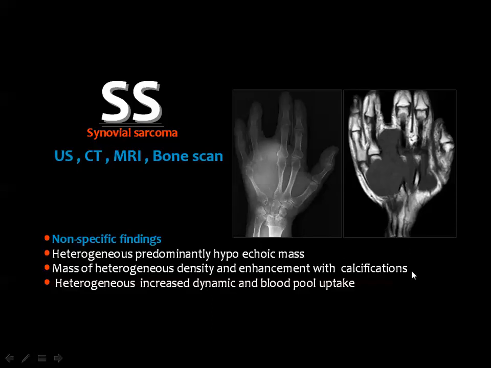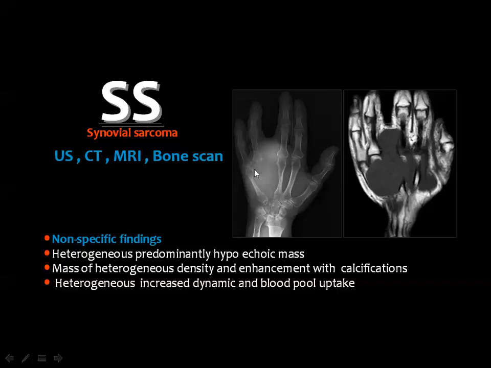Synovial sarcoma has no specific imaging criteria, but if you see a tumor near a joint, in a young age, containing calcium, then you may think of the presence of a synovial sarcoma.